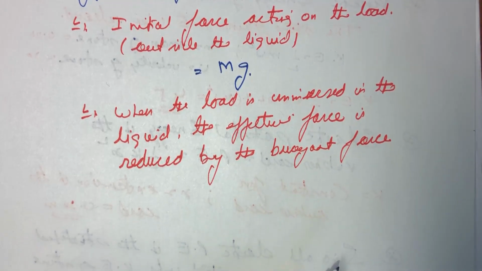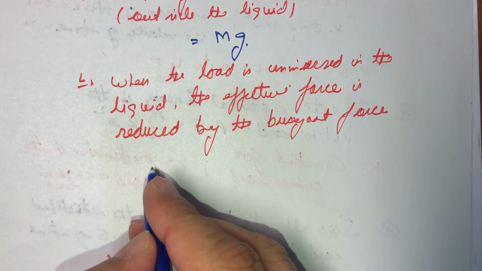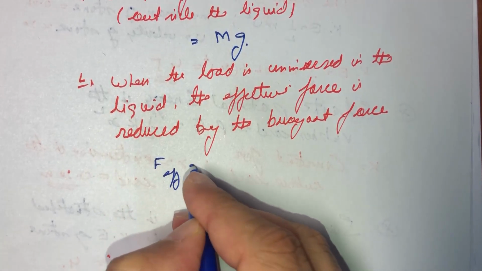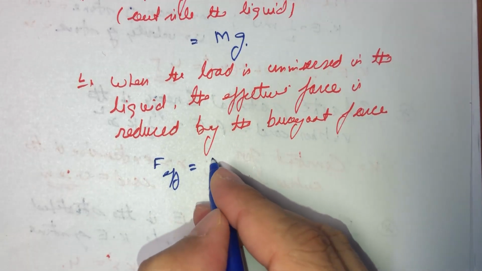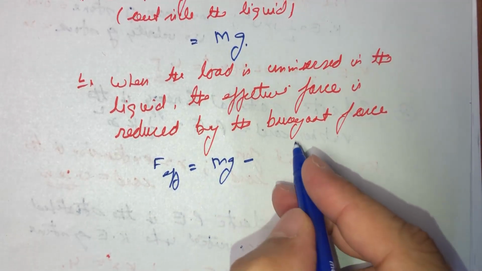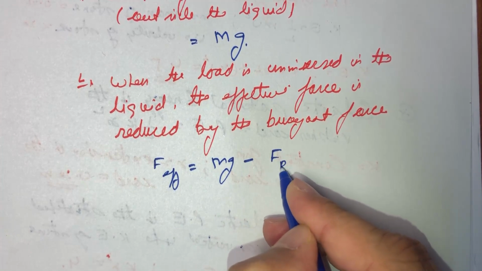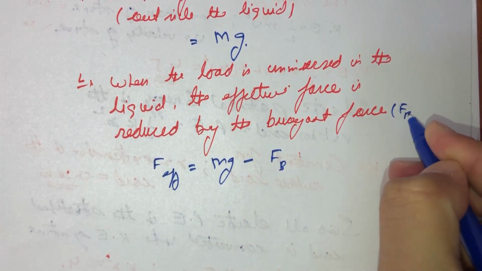So therefore, we can write that our F effective will be equal to mg minus the buoyant force, which is represented as Fb.